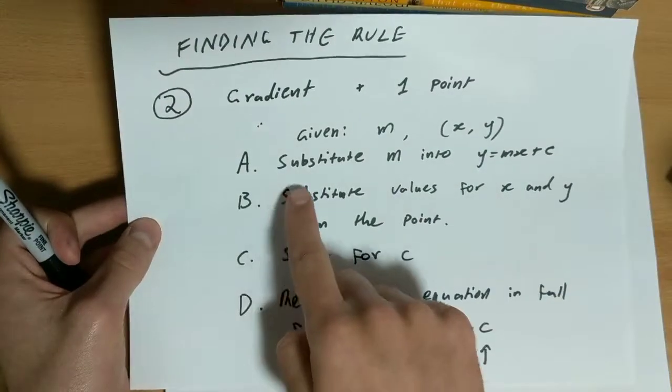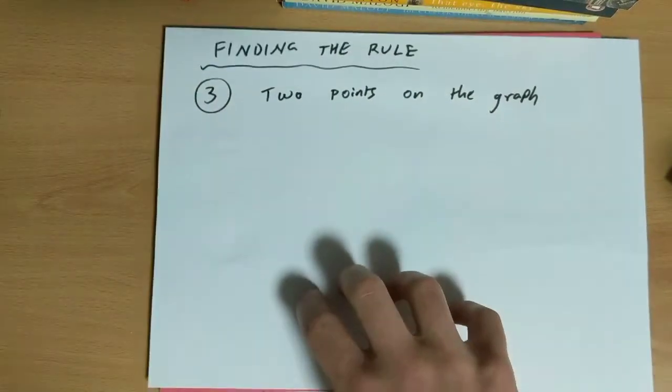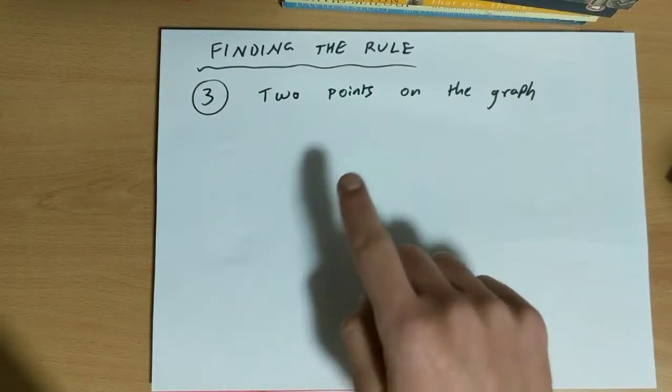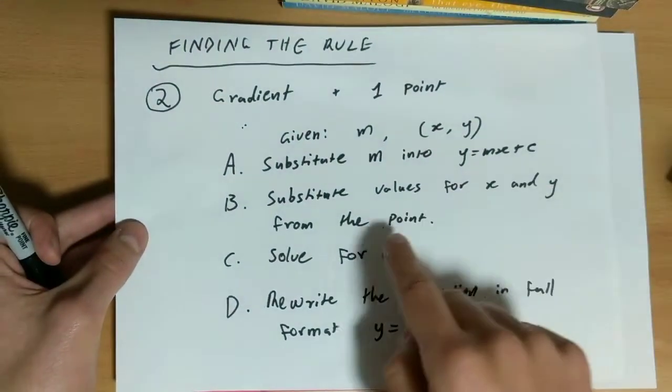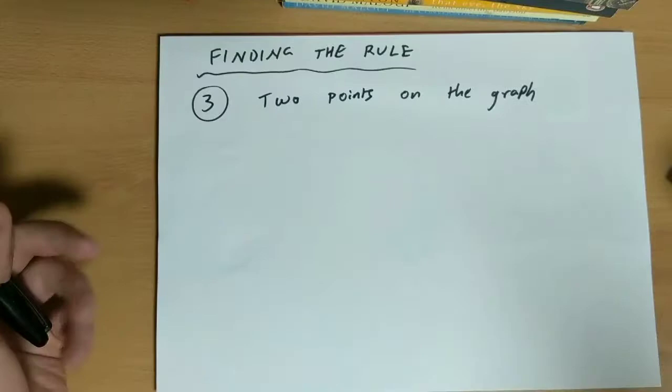I can't substitute m into y equals mx plus c in this situation because I'm not given m. So it's exactly the same as this one with an extra step first, which is to find m. So I'm actually just going to write that down.